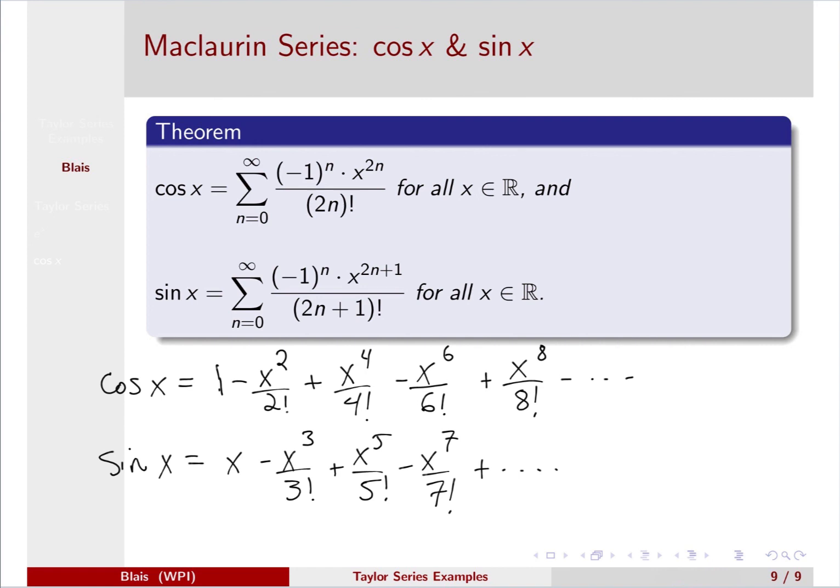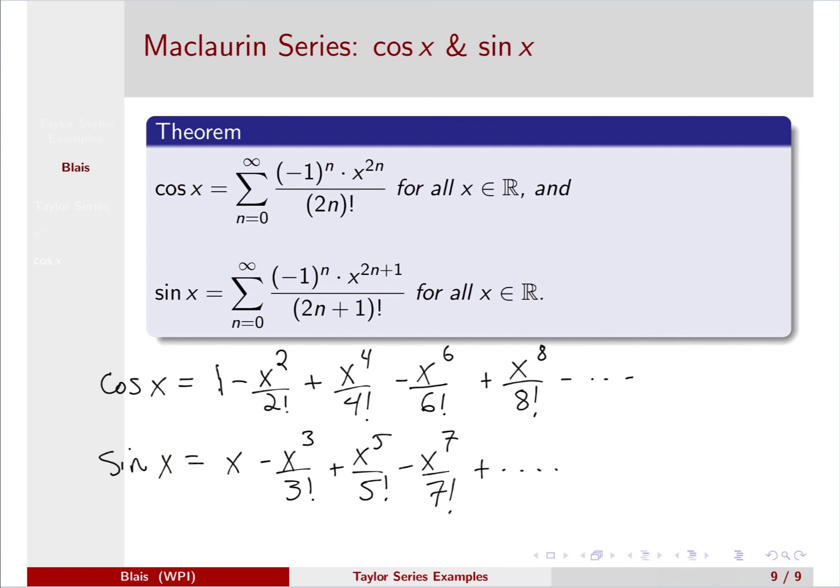And again, we require Taylor's theorem to prove this, but these are going to be extremely handy different versions of cosine of x and sine of x. So again, you can think of these as different versions of the same thing. Batman and Bruce Wayne, or Superman and Clark Kent.